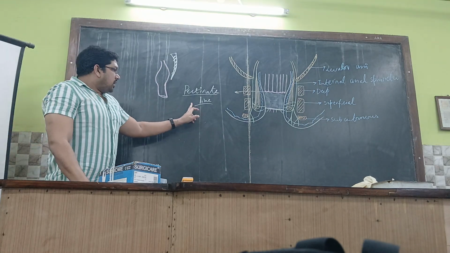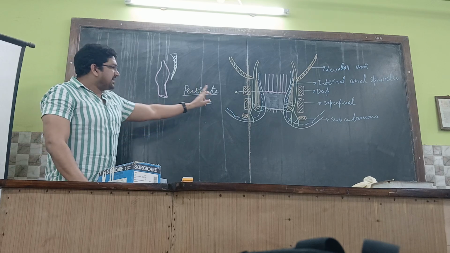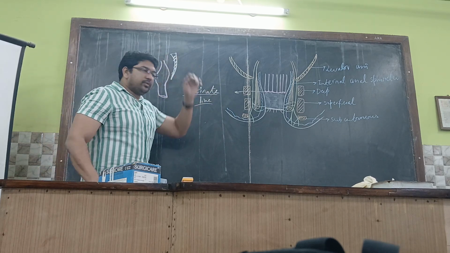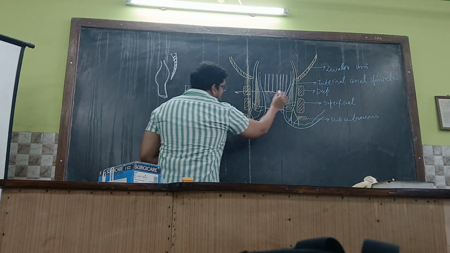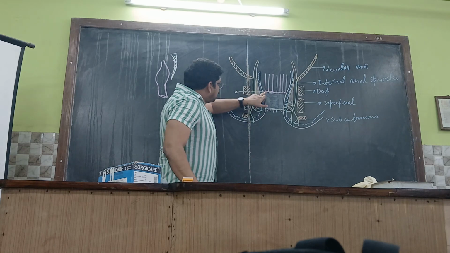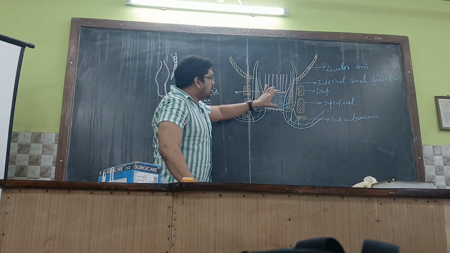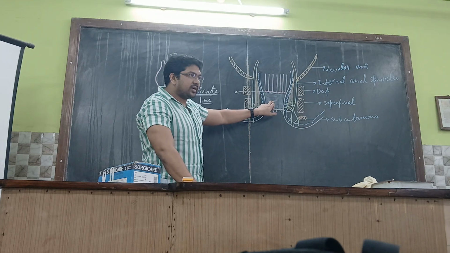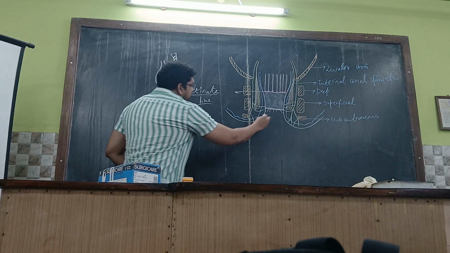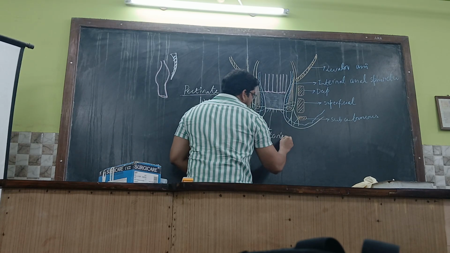Pectinate means comb line. Pectineal is a different one. So the pectinate line is over here. This line, the pectinate line, divides the upper third from the middle third. And the middle third is divided from the lower third by a white line, Hilton's white line.